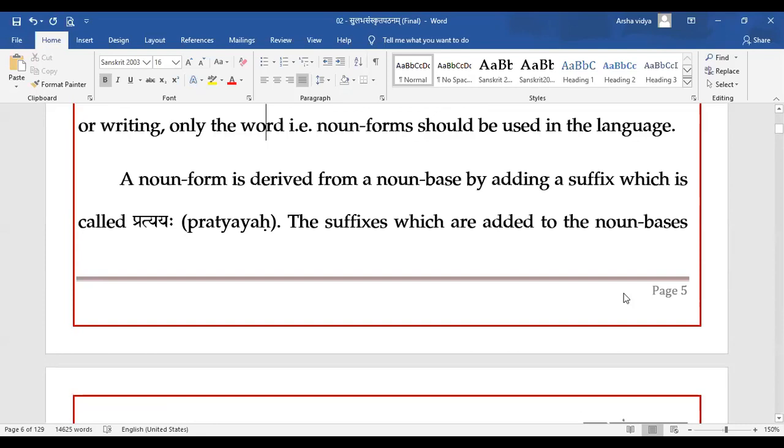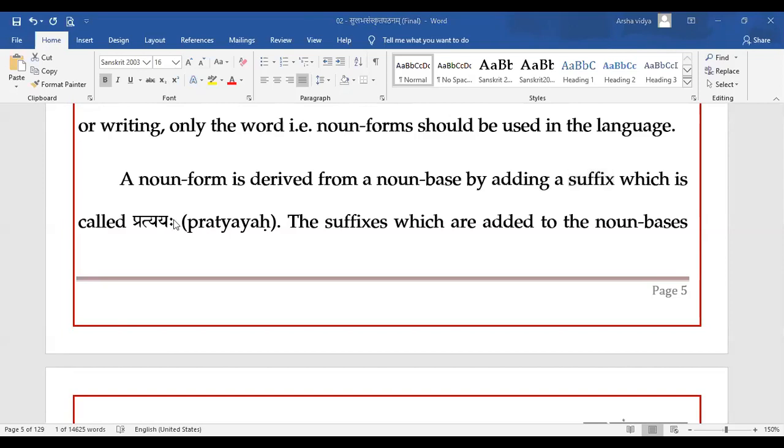How do you convert that? By adding a suffix. A noun form is derived from a noun base by adding a suffix. Nama padams are derived from Shabda by the addition of a suffix.